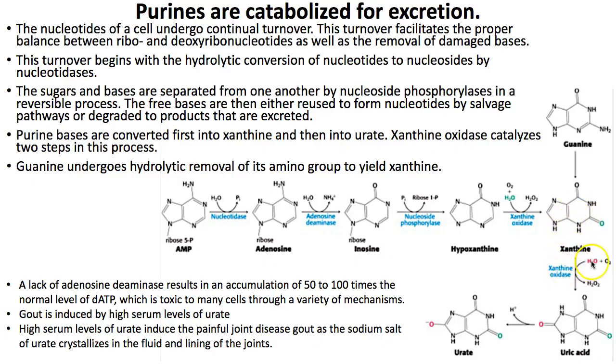And then the xanthine goes through this oxidation and hydrolysis with xanthine oxidase, still producing hydrogen peroxide, and ultimately having uric acid, which gets deprotonated and becomes urate. But if you have overproduction of urate that ends up becoming a sodium salt, then that crystallizes in your joints and causes inflammation. And that is what people who suffer from gout are experiencing.